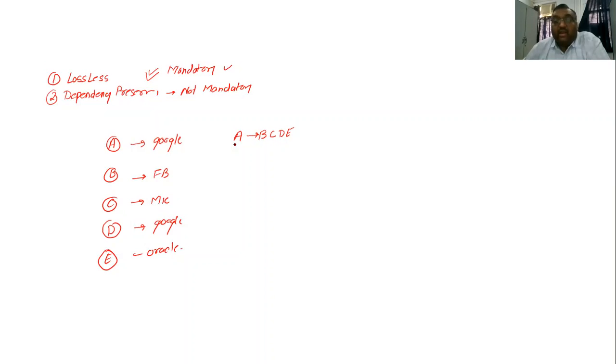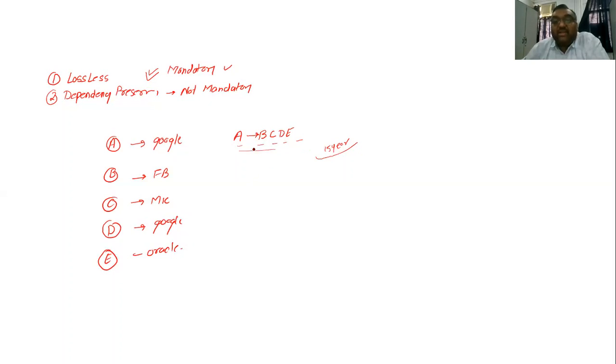Why is lossless important? Why is dependency preserving important? Why is lossless mandatory, and why is dependency preserving not mandatory? If I talk about friendship in college time, then A belongs to B, C, D, E. But what happened after 15 years?